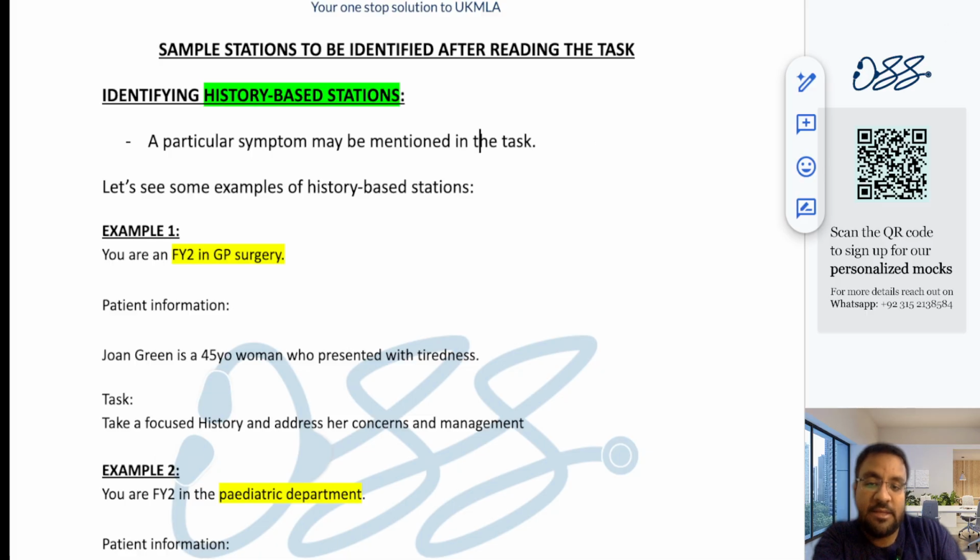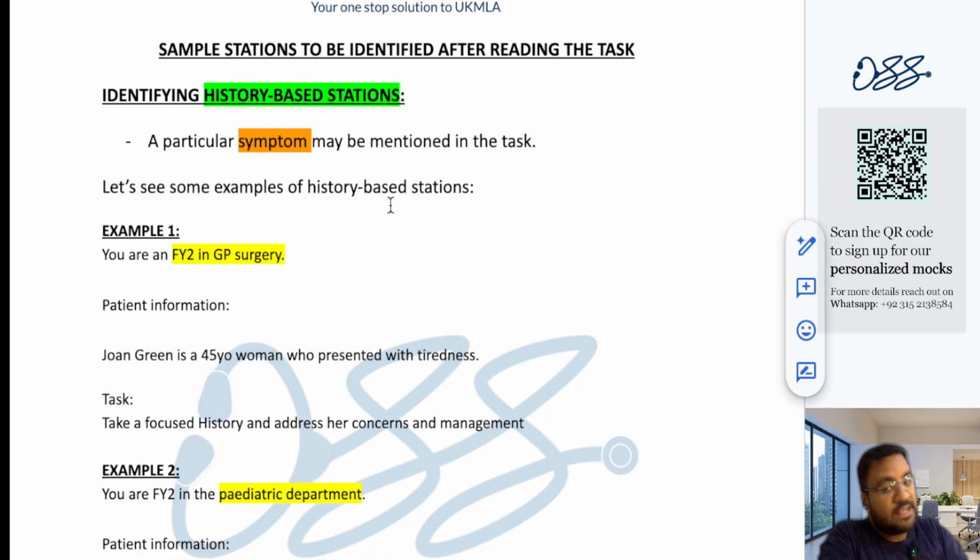The way you identify it is basically by checking if there is a symptom that is mentioned in the task. Most likely there would be a symptom in the task that will help you understand that this is a history based station. Just a symptom would be there, nothing else.